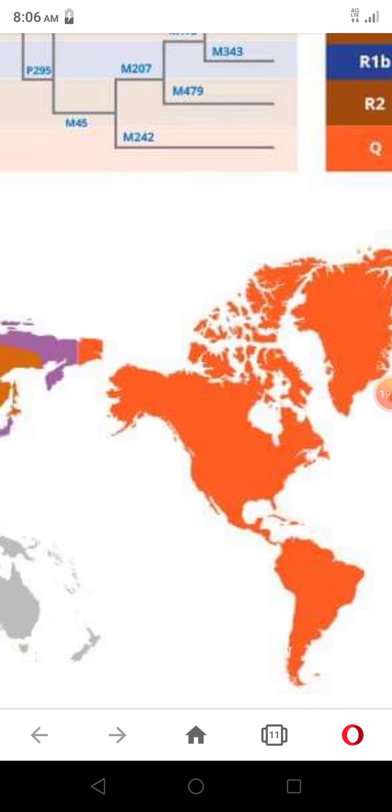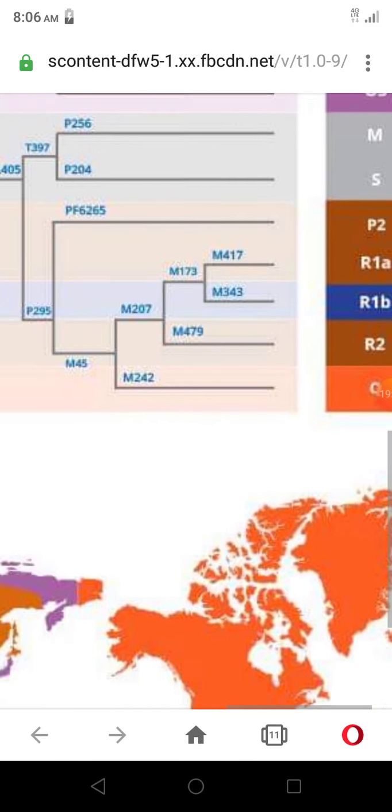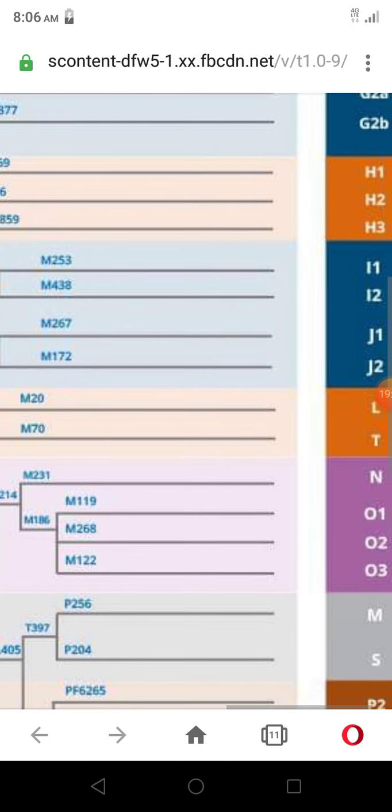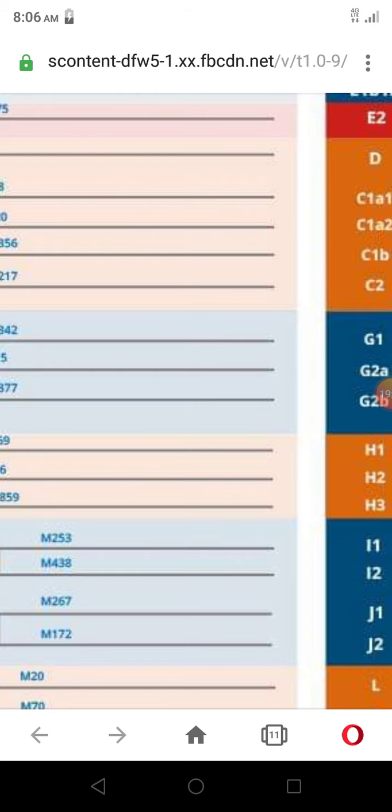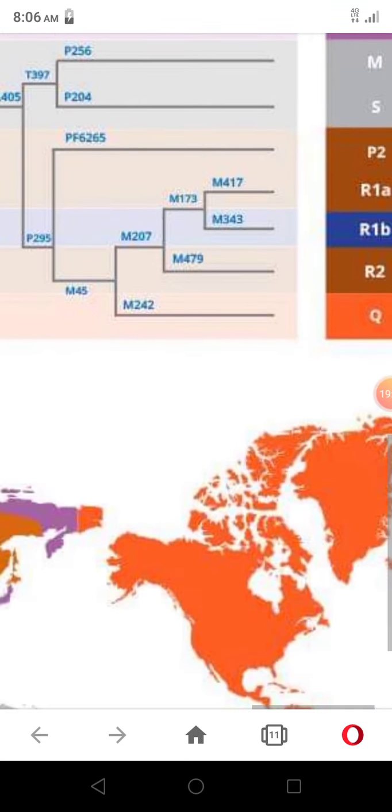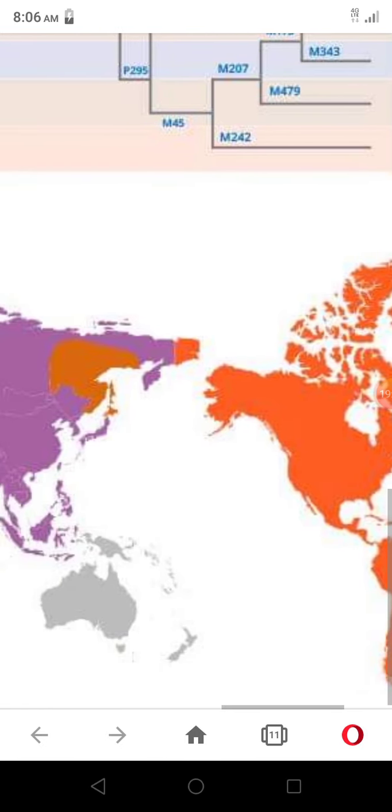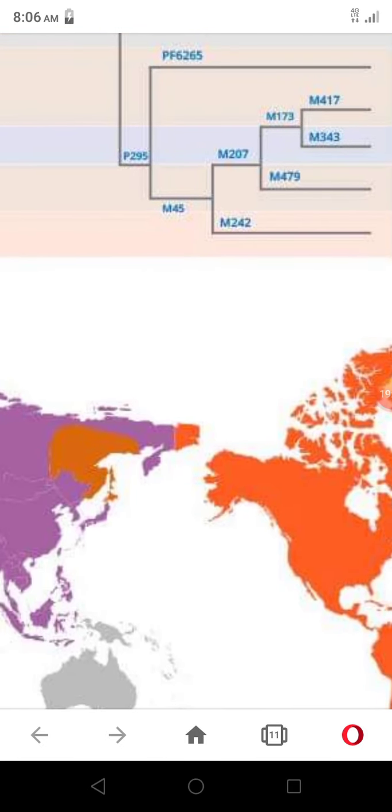So while this map connects with the oranging of the Americas and not with Australia, or let me change that.